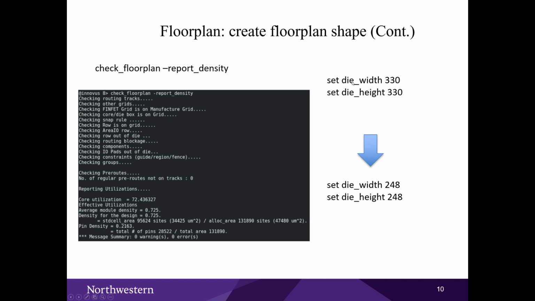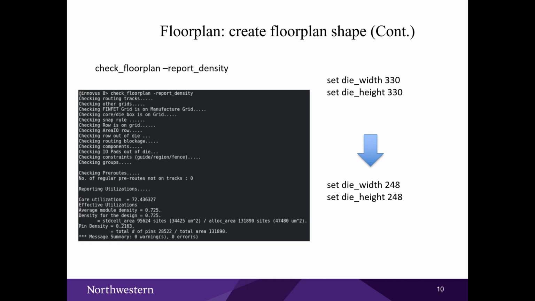And the third and fourth variables we need to set are the die width and die height. At first, I set them both to 330 micrometers, but actually I used this floor plan, went through all the steps from pre-CTS to post-route, but at last I found that it just has about 40% density.